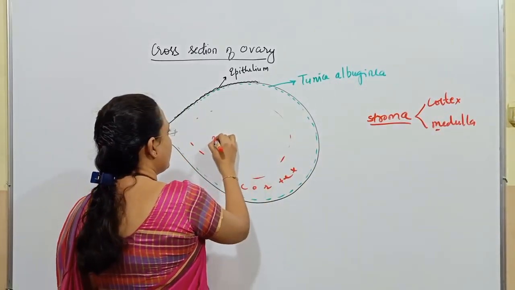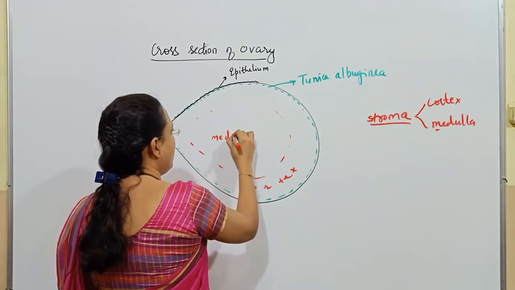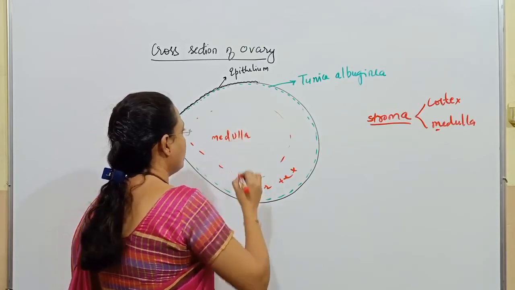So the center of the ovary is called the medulla.